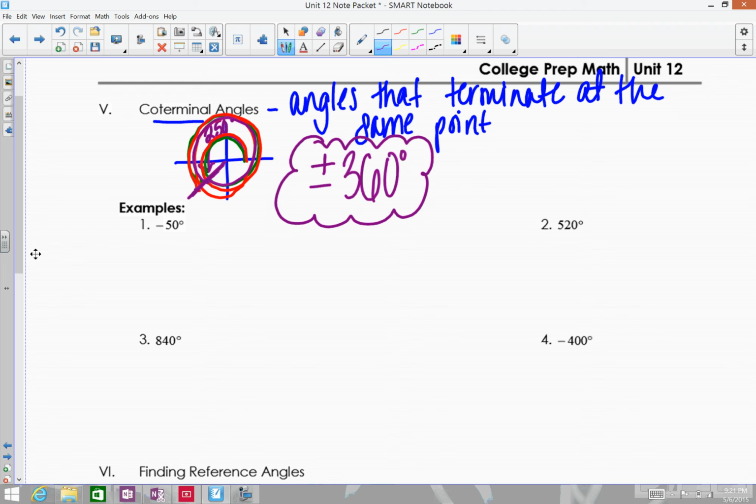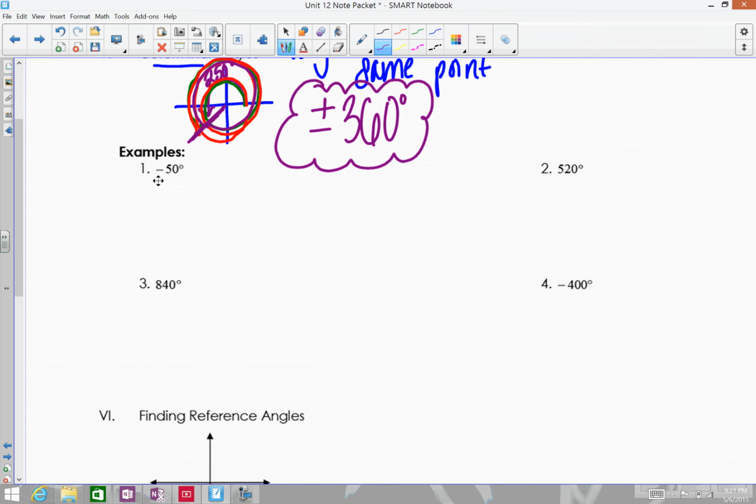For example, if I look at negative 50, since it's negative, I'm going to make it a positive angle. I'm going to add 360, and I end up getting 310. These two angles are coterminal because if I start at negative 50, that means I would be going clockwise 50 degrees.